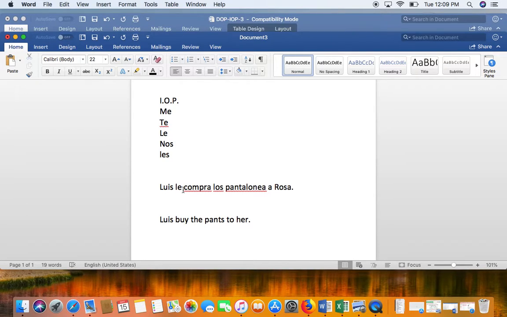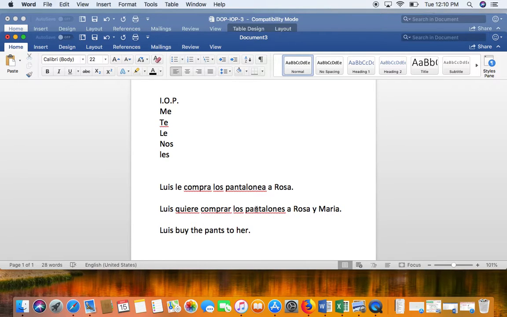Again, when there is only one verb in the sentence, you're going to place those pronouns in front of the verb. But if we have two verbs, let's do a sentence with two verbs. Luis quiere comprar los pantalones a Rosa y María.